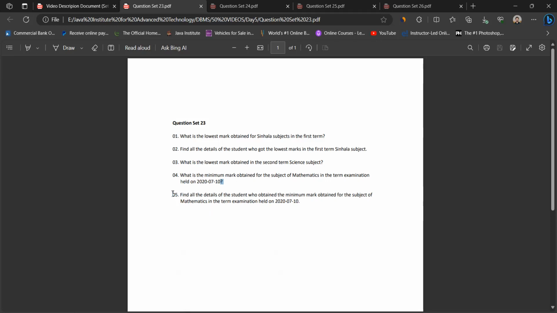So the last question: find all the details of the student who obtained the minimum mark for the subject of mathematics in the term examination held on this date.